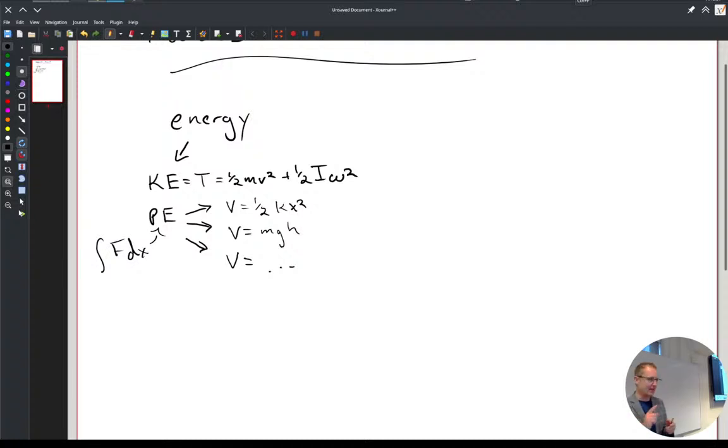So drag, friction, what else am I thinking of? Damping, that's the one, damping. So integrating that force over distance, kind of like that.